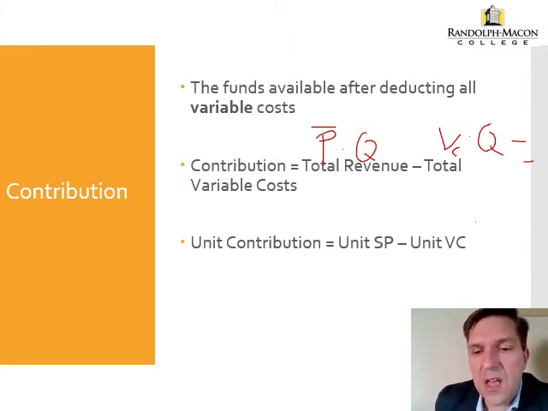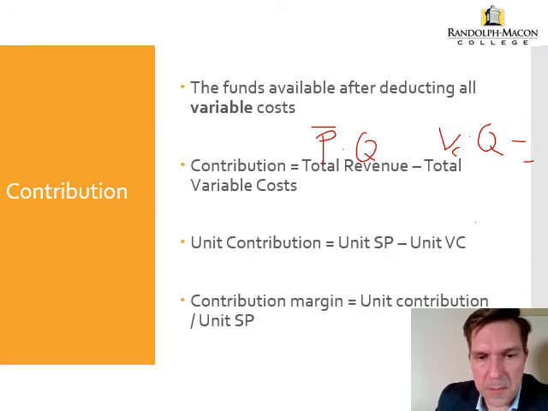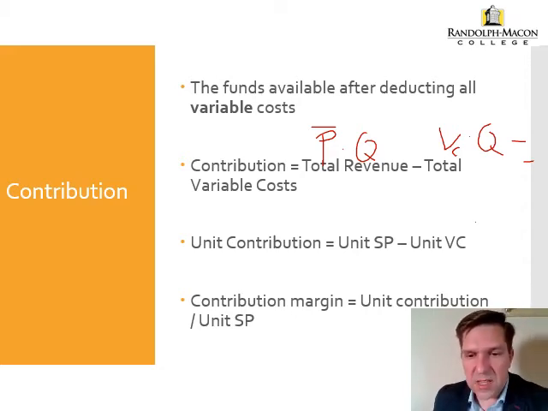You could have seen that by dividing the equation that I just erased by Q. It will give you price minus variable cost, everything per unit. Now, what is contribution margin? Unit contribution divided over unit selling price. So these are all equations. That way, if you see any of this discussed in a case, you know exactly what it is.